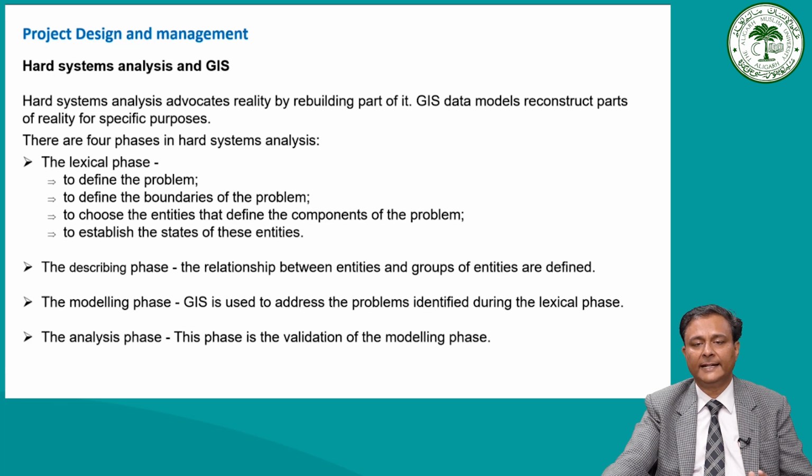If we take first the entities or elements of any system, they can be either physical or even conceptual. In GIS and spatial information terms, entities are represented through point, line, and area. These are represented in spatial information in the form of point entities, line entities, and polygon or area entities.